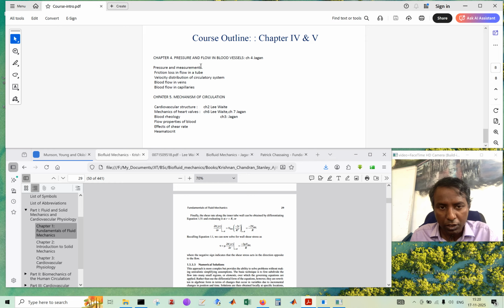the flow of blood in blood vessels, how the pressure and velocity vary inside arteries, veins, and capillaries. And we also look into rheology, which is the stress-strain relationship, particularly for biofluids, and how these properties of blood vary with respect to time.